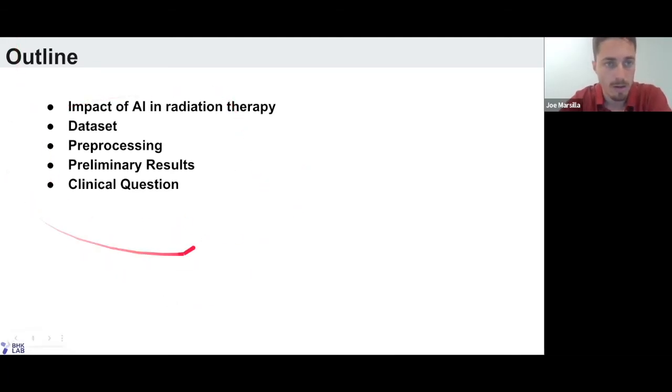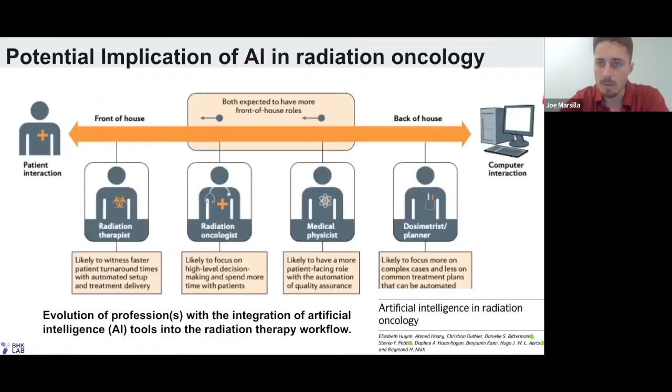Just an overview of the talk here. As Dr. McNiven was discussing, there's a wide variety of roles that can be affected by AI in radiation oncology.